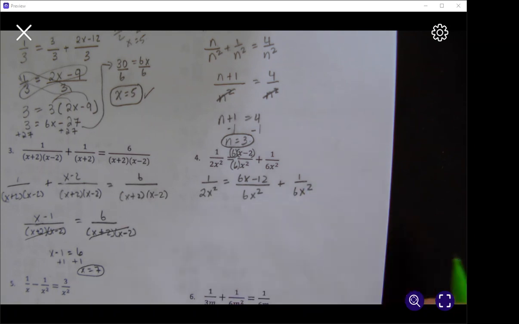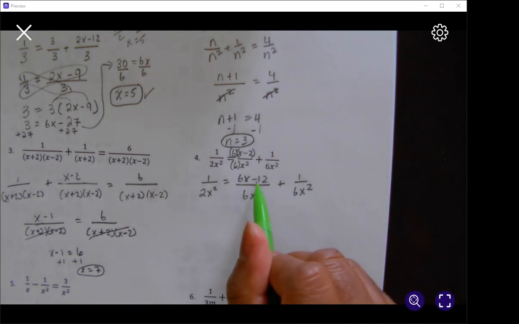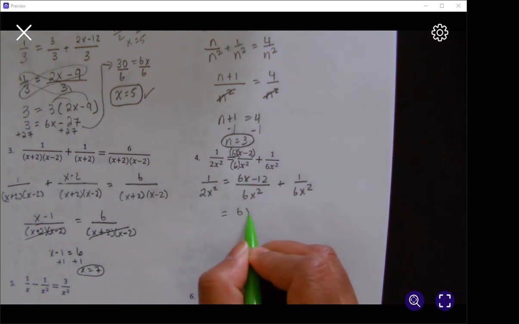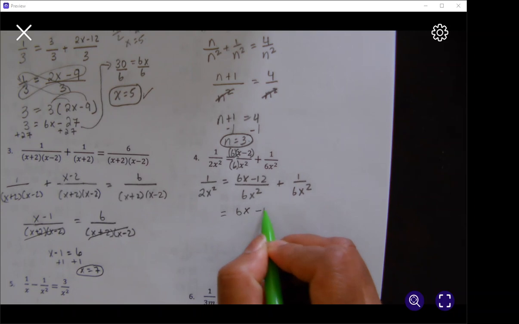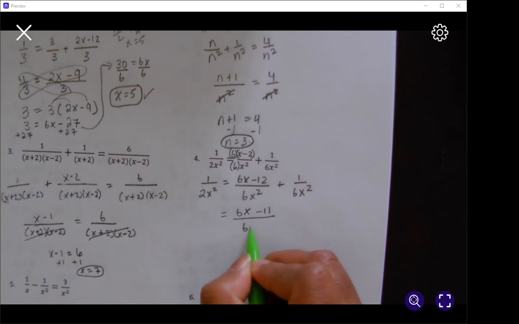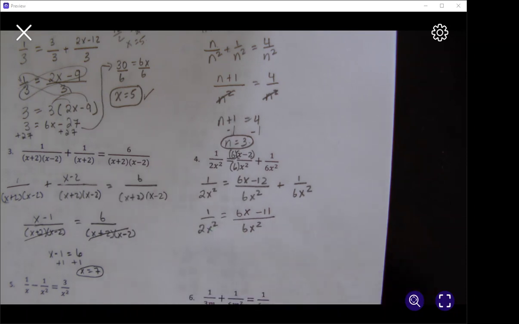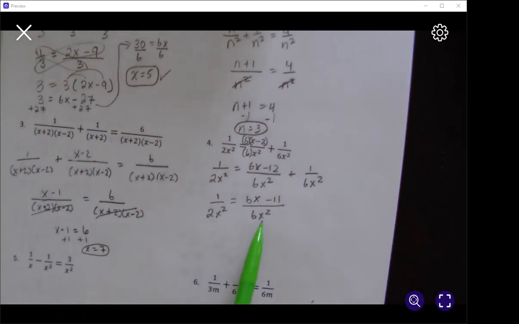Now that I have the same denominator, I can now add my numerator. So 6x, negative 12 plus 1 is negative 11. Now they don't have a common denominator here, so I cannot just cross it out. Again, you have two options.